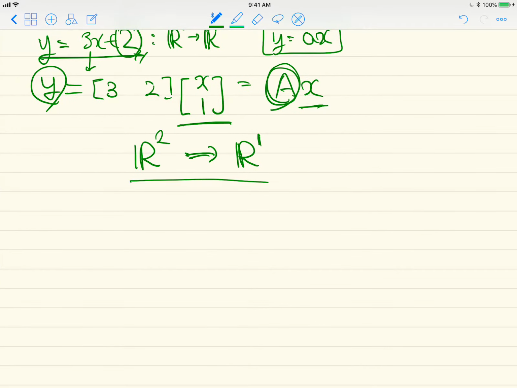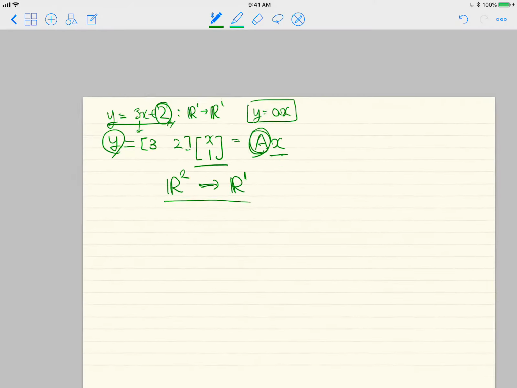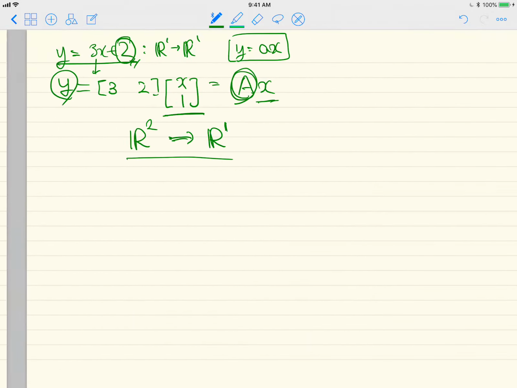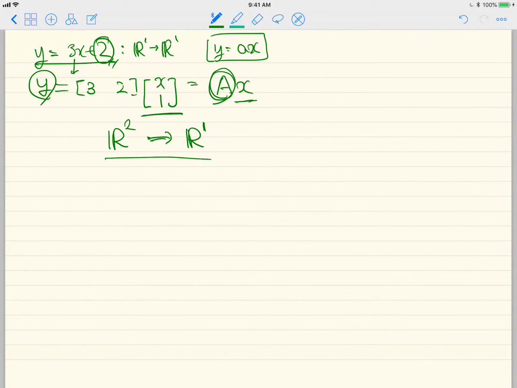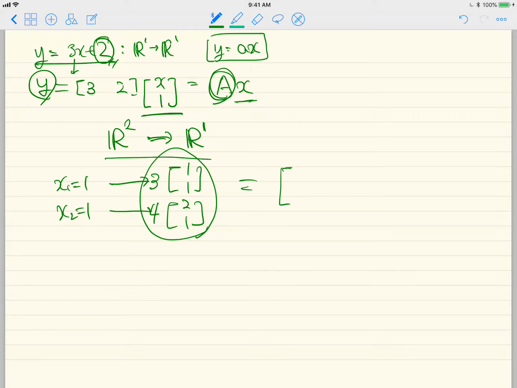Okay, so in this case we can check if that satisfies the linearity of a linear transformation. Now if we have x1 as (1, 1) and x2 as (2, 1), and we use this linear combination coefficient, computing their linear combination like this, right?